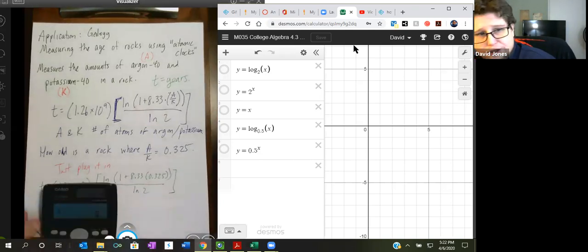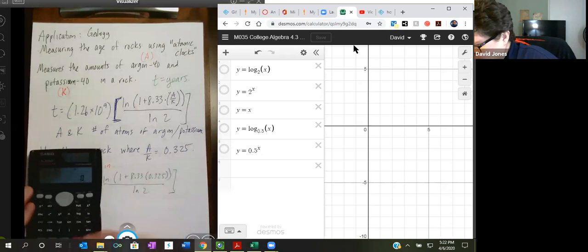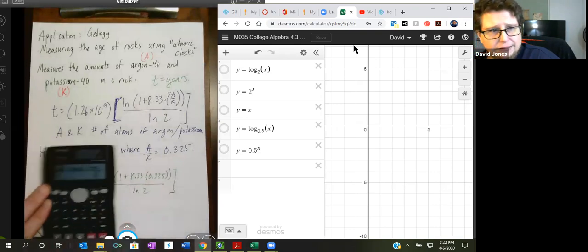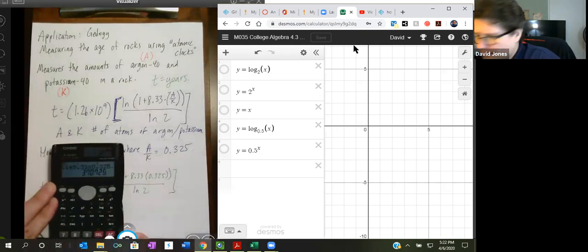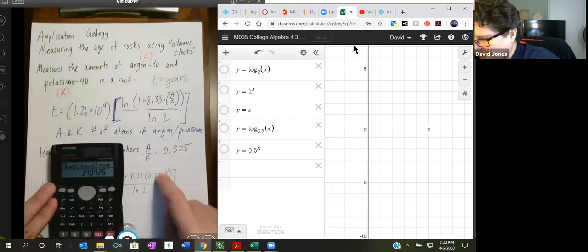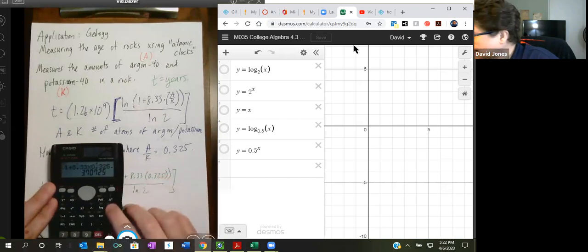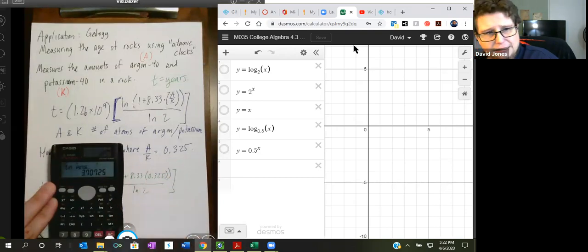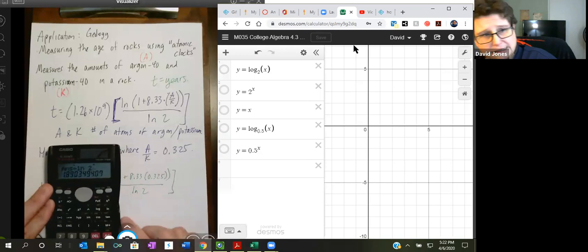I'm going to do this real slow. What is 1 plus 8.33 times 0.325? That gives me what's inside here. I'll take the natural log of that and get that. Now I'm going to divide it by the natural log of 2 because it's on the bottom. And I get that.